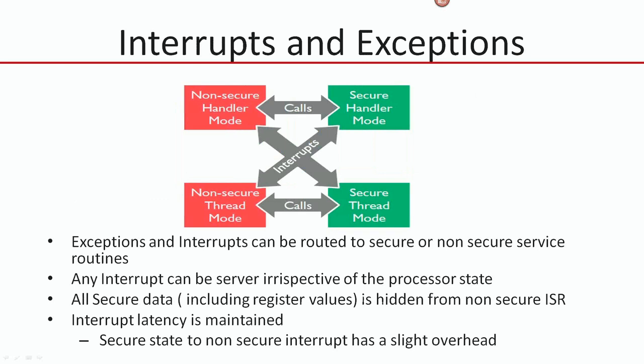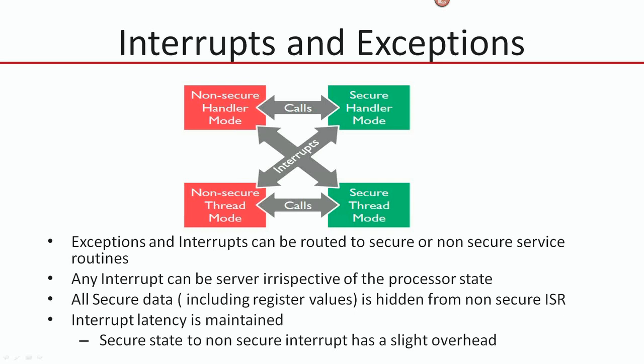It's also possible to manage interrupts, so we can be running in secure state or non-secure state, and in either of those operating states we can respond to non-secure interrupts or secure interrupts. And indeed we can call functions between interrupts as well. There's no overhead in this, except if we're running in secure state and we have to respond to a non-secure interrupt.